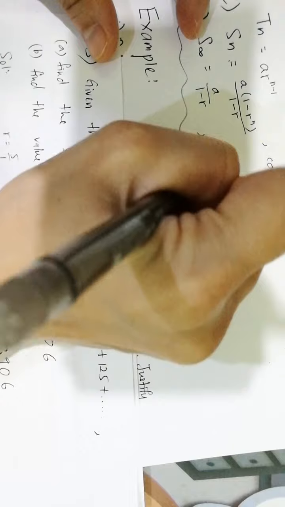Positive or negative is still okay as long as it is less than modulus 1. Modulus means positive or negative, as long as it is less than 1.